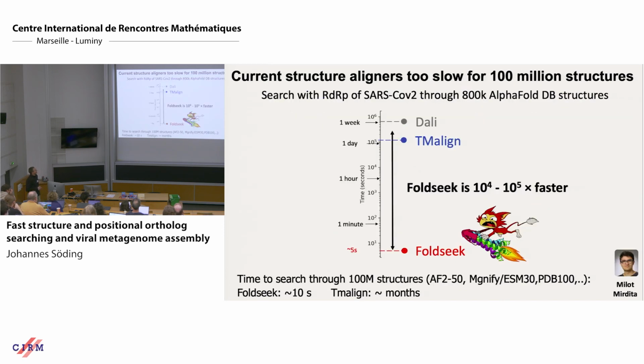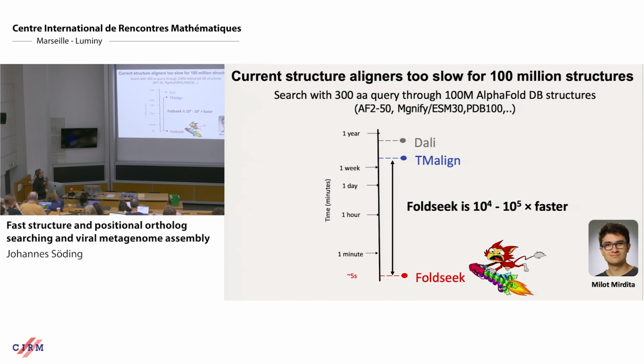And as I told you, we were expecting there to be a big shortfall of available tools. And what you can see here is the time it would take with a 300 amino acid protein structure to search through the current redundancy-filtered database of AlphaFold structures, so using the UniProt 50 and the high quality structures from MGnify, ESM and PDB100.